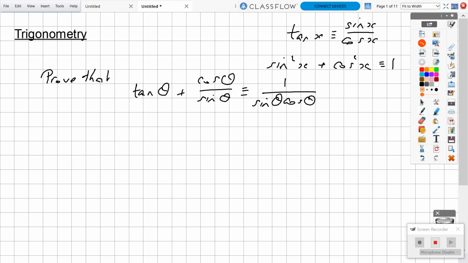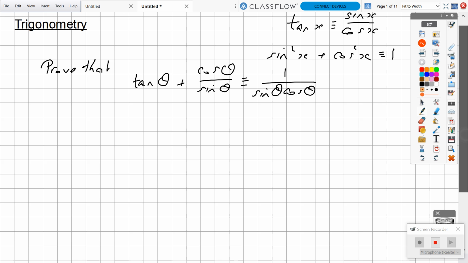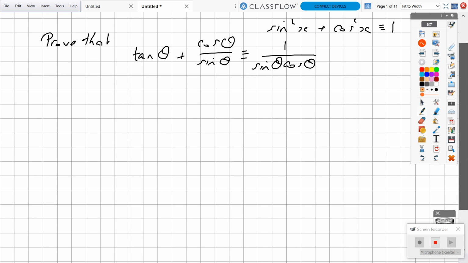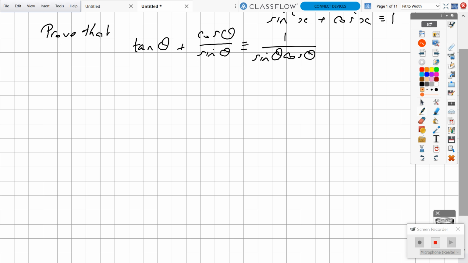The first thing to say is that you shouldn't start with that as your opening line. What you do is you start with one of the sides, your choice, and manipulate it until you have shown that it is equivalent to the other side. As a general rule, people who are struggling with this will probably want to start with the side that they think is easiest, but that will land them in trouble straight away.